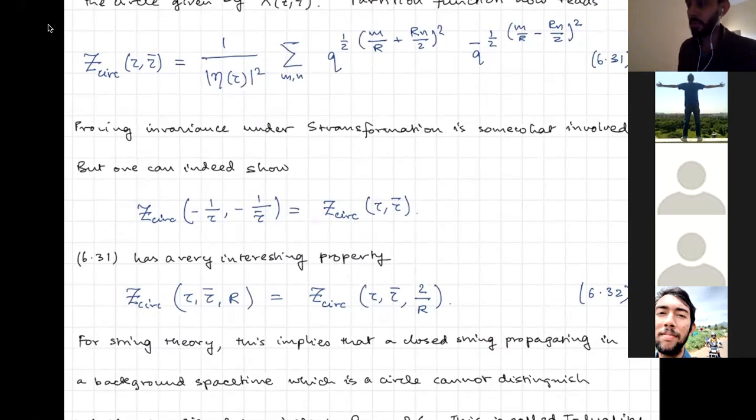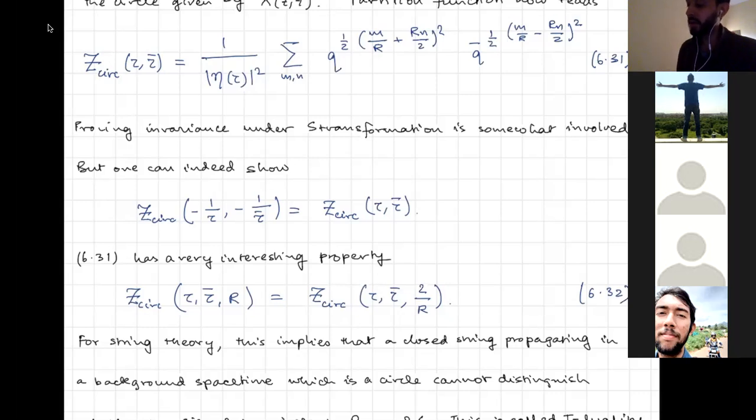The S transformations showed us that the naive thing that we wrote down at first does not work. We had to multiply by the square root of the imaginary part of tau, and by that we could make it invariant. Then we moved on to a circle.